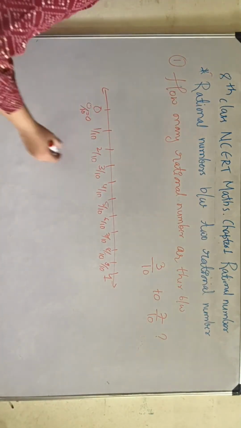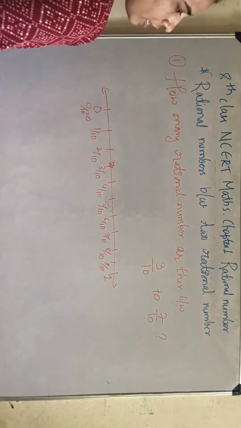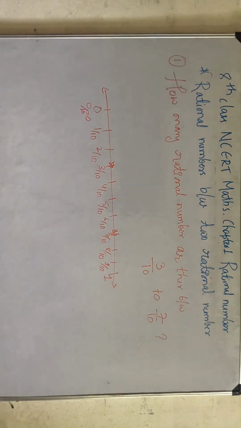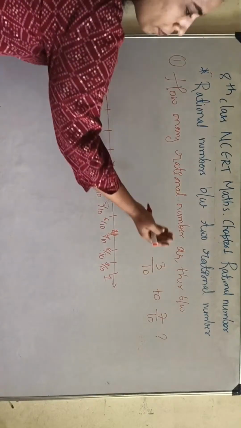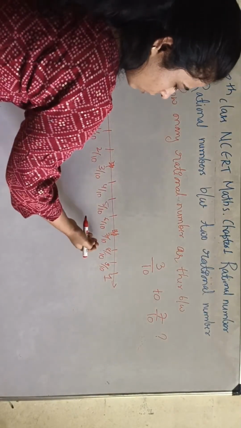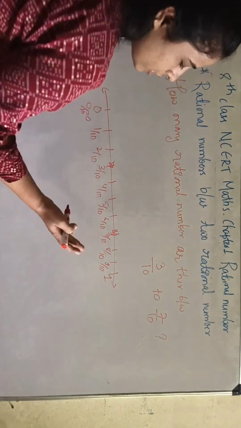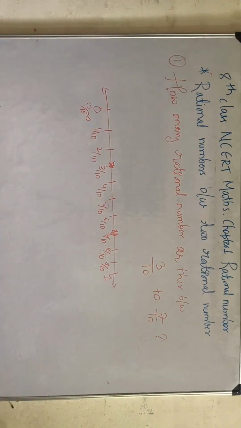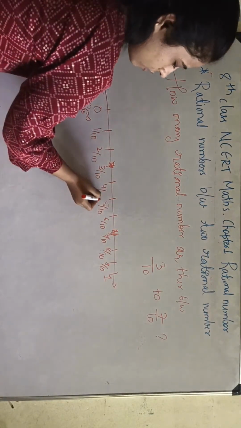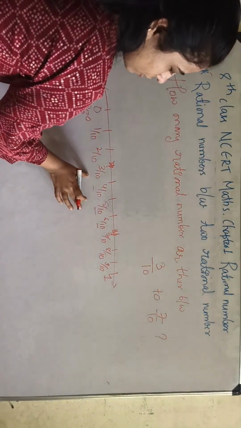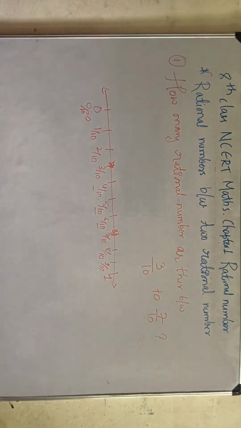So 3 by 10 will come here, and 7 by 10 here. Again, here you can see clearly how many rational numbers are there between them. You may think there are these three rational numbers in between 3 by 10 and 7 by 10.